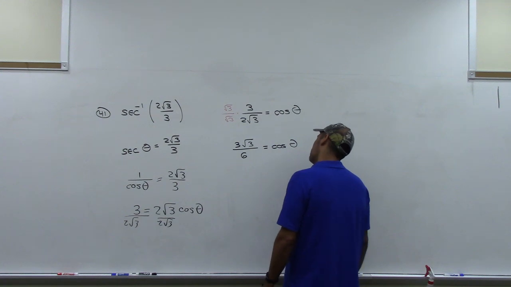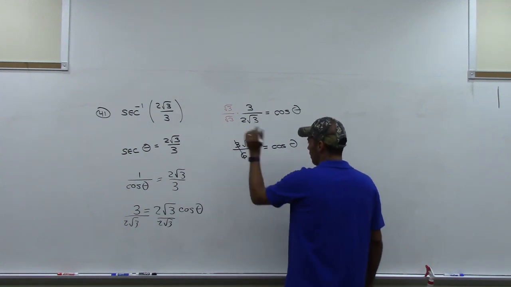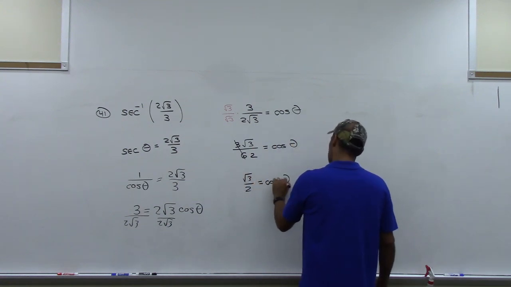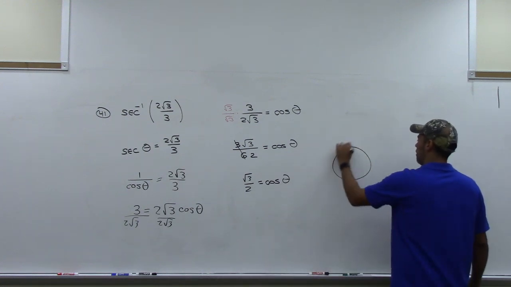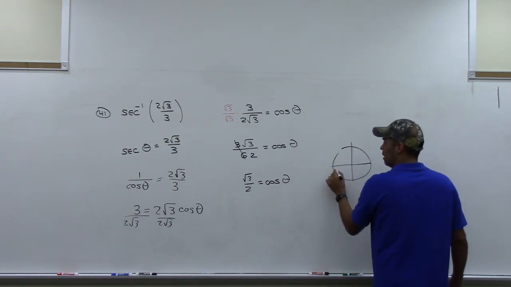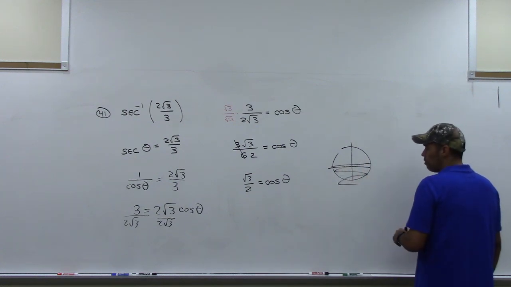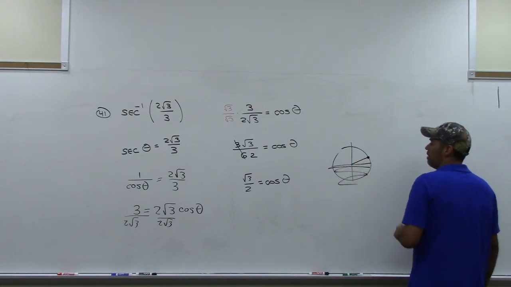I'm so looking forward to the weekend. I'm just being stupid. That's 2 down here, they reduce. This is root 3 over 2, is cosine theta. So this is saying where on the unit circle is the x-coordinate root 3 over 2, but you have to be between 0 and pi. That's here, and that is pi over 6.